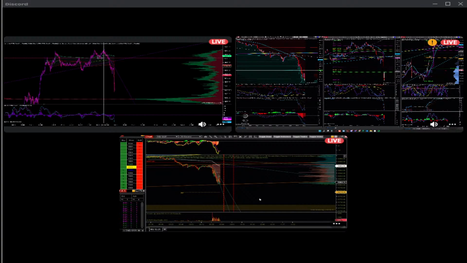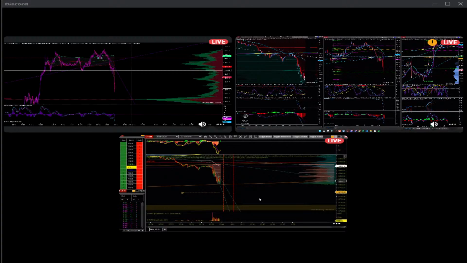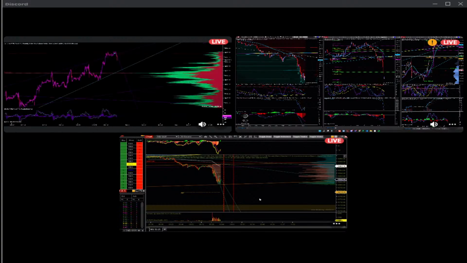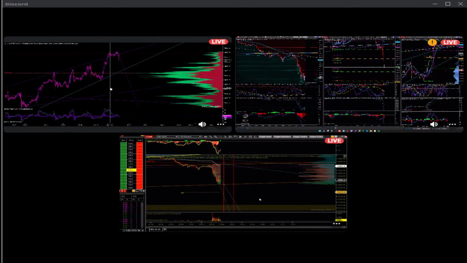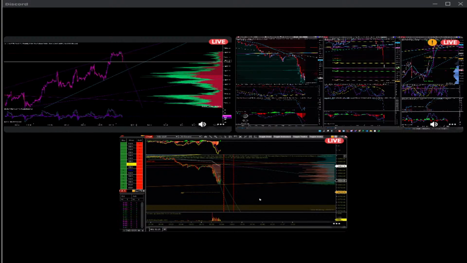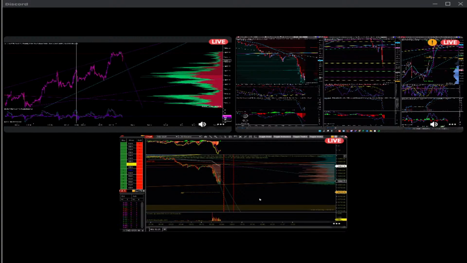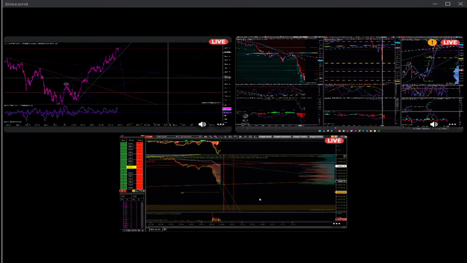Interestingly enough, all that time we spent up here in the 15,800s, we did not make a substantial volume node. Another thing is the 38% retracement of this big move up is going to be down here at 793-ish. So we should have decent support there if we don't find it sooner.